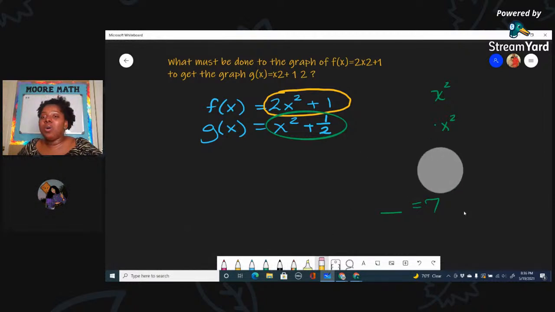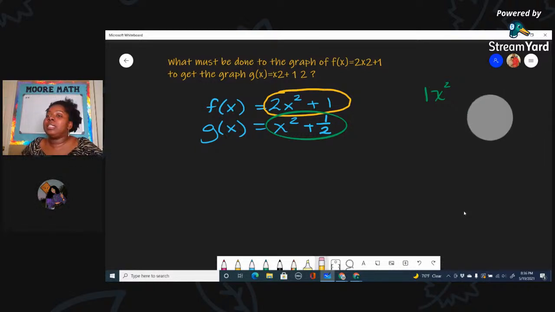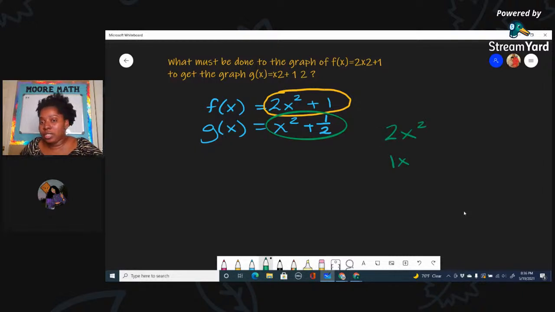Okay. So when you're doing algebra, right, there's always this invisible 1. We never write 1x because it just means 1 times x, which is x, right? Mm-hmm. So even though this is going to help you, right? So to go from 2x squared to 1x squared, you did something.